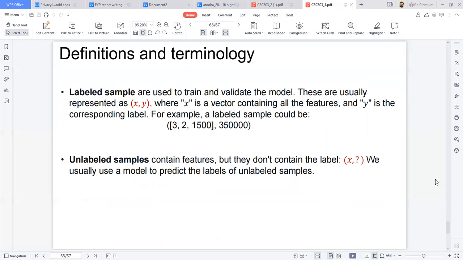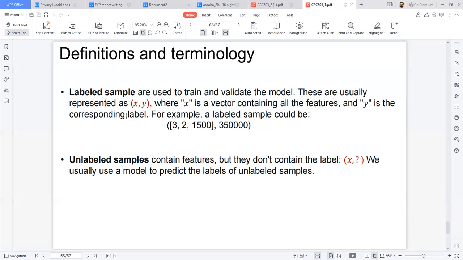So, definitions of labeled sample and unlabeled sample. As we discussed, labeled samples are used to train and validate the model. These are usually represented as (X, Y), where X is a vector containing all the features, as we already know, like age and income, and Y is the corresponding label, as in the table, we have the loan status.